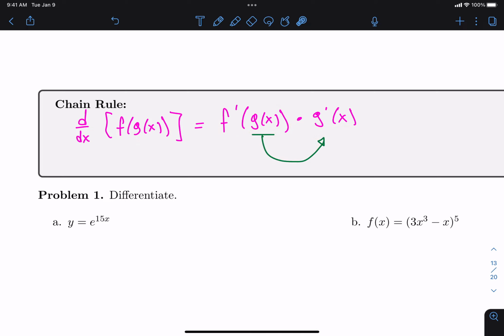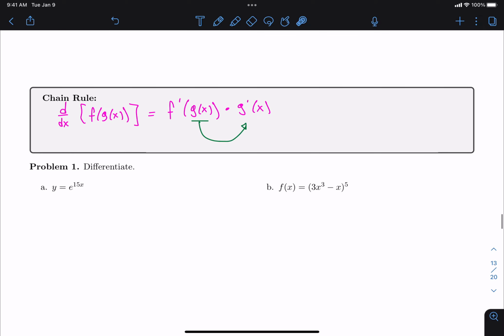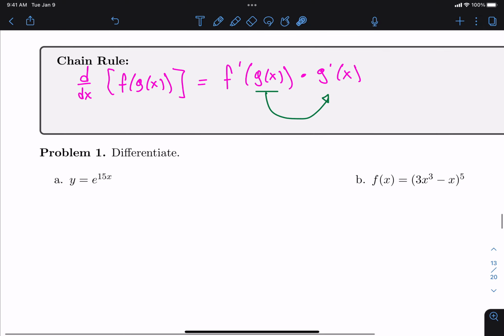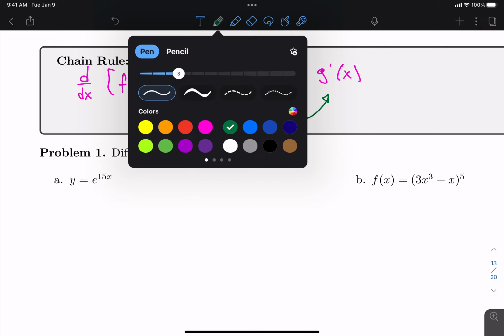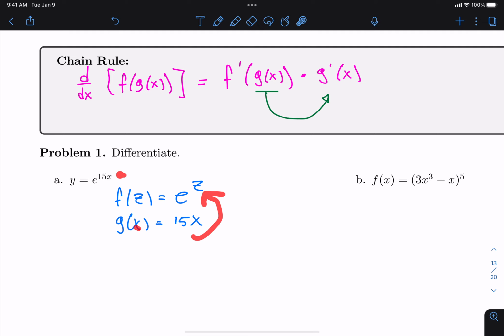All right. So I'm going to do like 4 examples, and we'll start to see how this works. In this case, for the first one, we've got e to the 15x. I could use the e to the kx rule if I wanted, or I could use the following. I could say f of z is e to the z, and g of x is 15x. Then if I plugged g into f, I would get what I have written here.